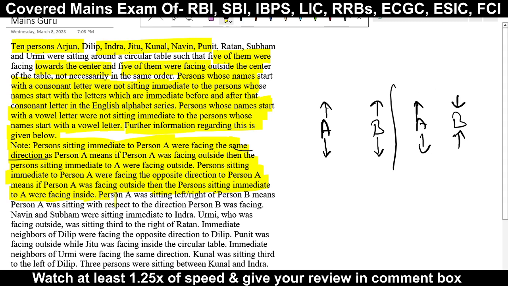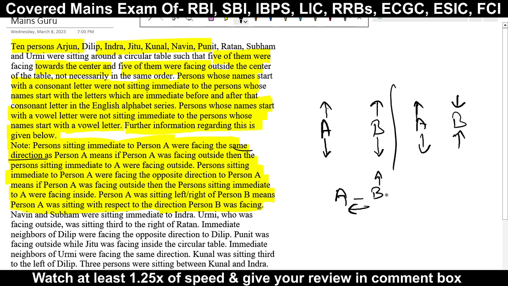Now after this: person A was sitting left or right of person B. It means person A was sitting with respect to the direction of person B. Suppose person A is sitting second to the right of B, then this right direction we will consider, keep it in mind.